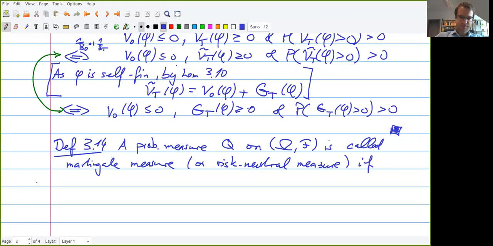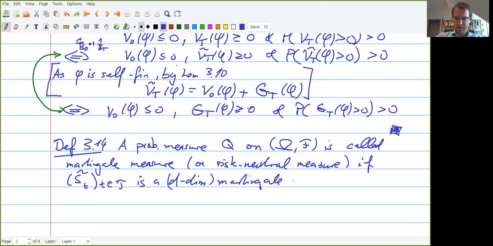If the discounted value process S tilde is a d-dimensional martingale under the measure Q, what does it mean?